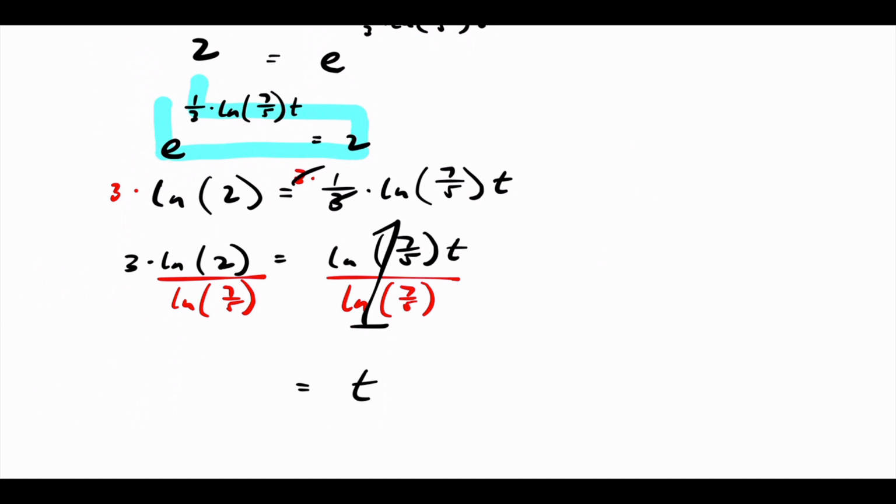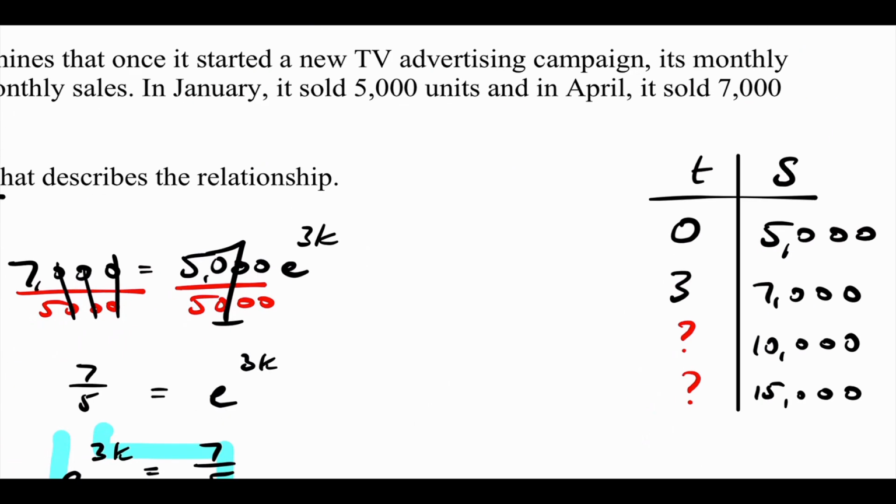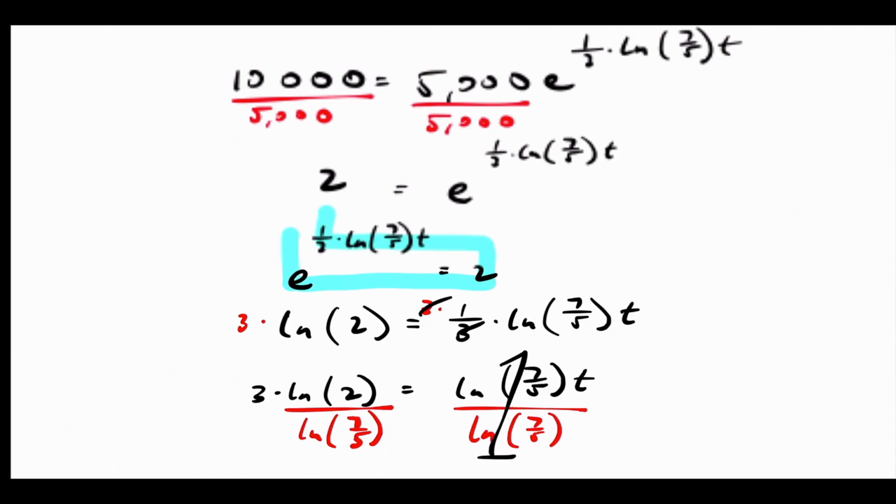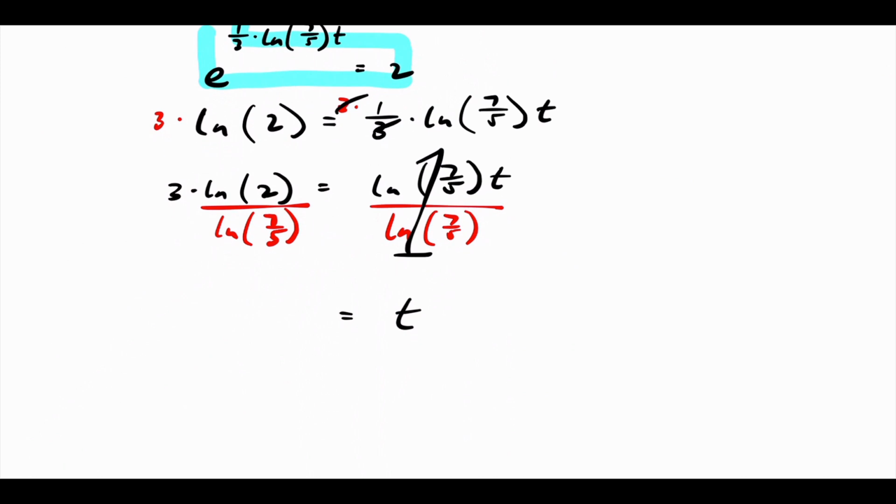Calculator. So you should get a number that's bigger than 3 because it's going to take more than 3 months. How big is it? We don't know, but it's going to be bigger than 3. So let's put it in our calculator.